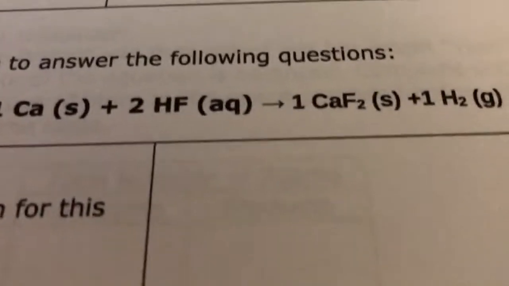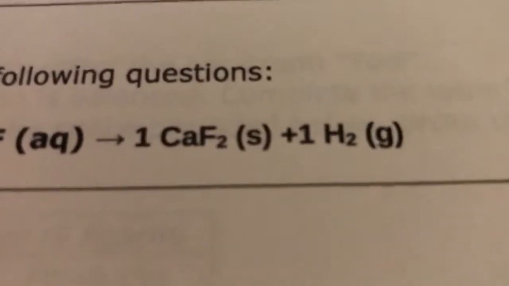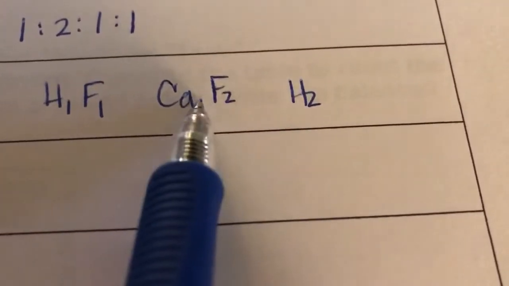So if you wanted to, you could say calcium is 1. You would say the subscripts here is H1, F1, H1, F1. On CaF2, it's Ca1, F2. And on H2, it's H2. These numbers here are the subscripts.